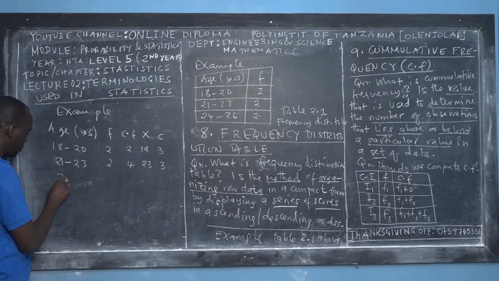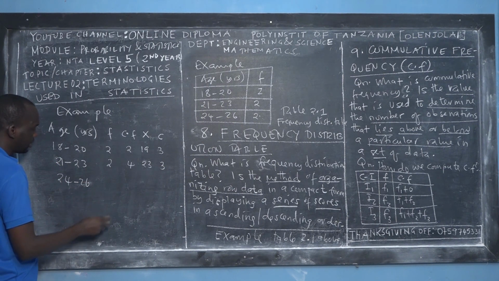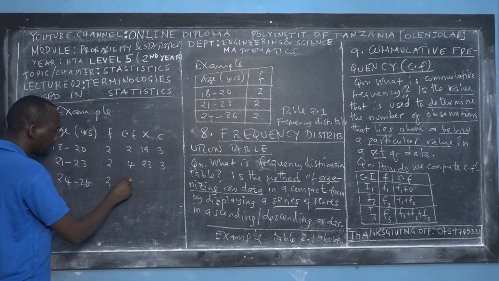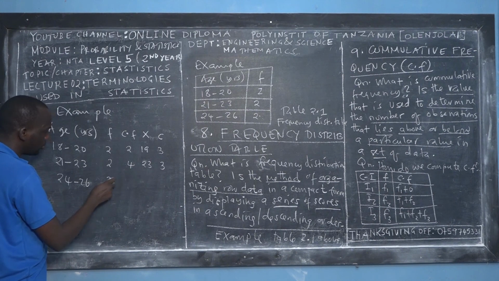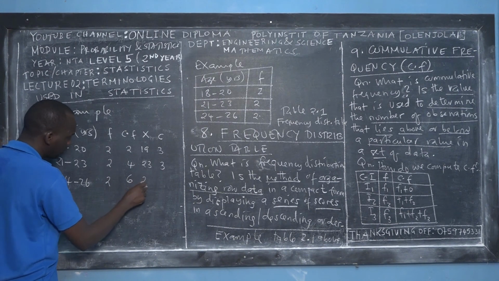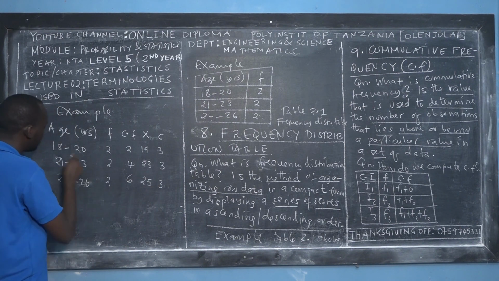The next is 24 to 26, the frequency is 2, the cumulative frequency will be 2 plus 2 plus 2, equal to 6, the class mark is 25, and the class size is 3.